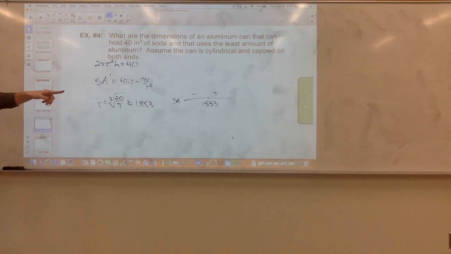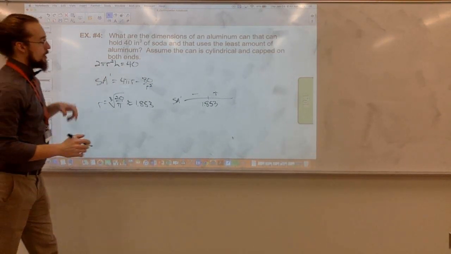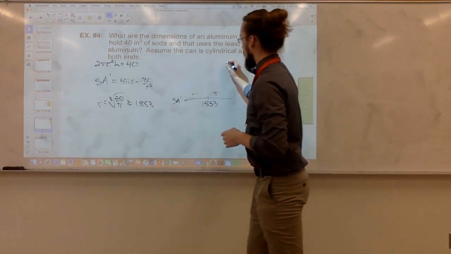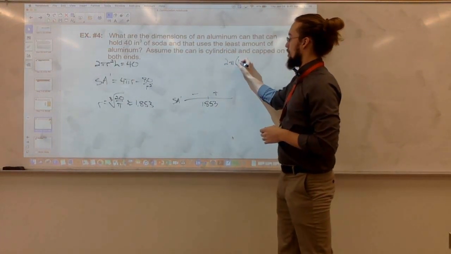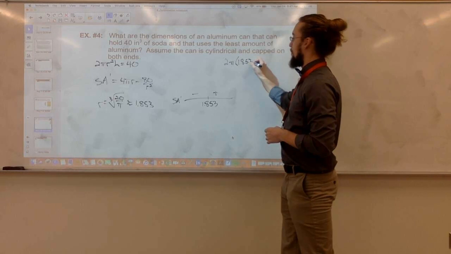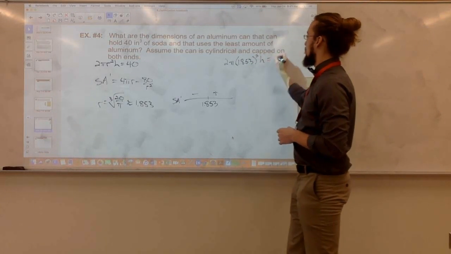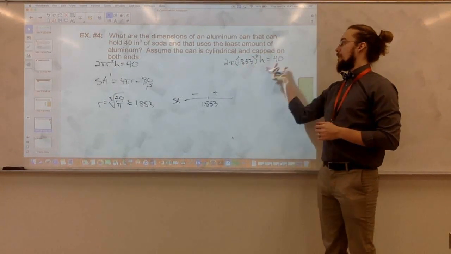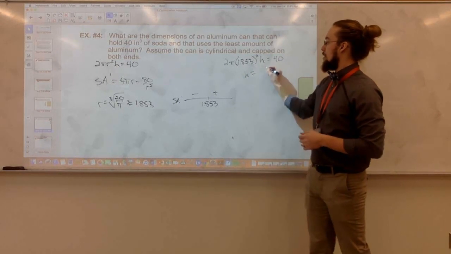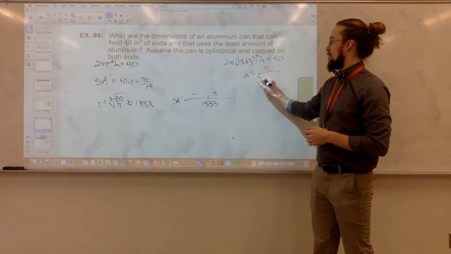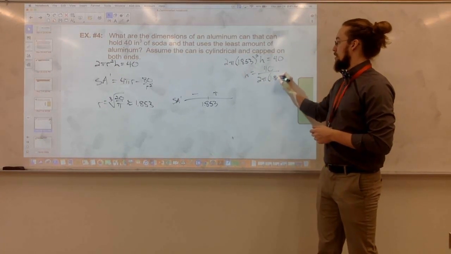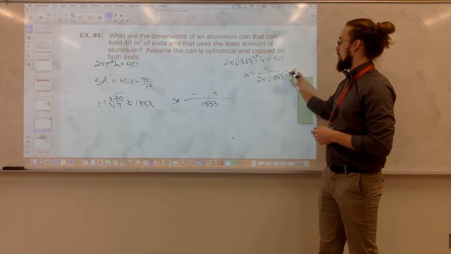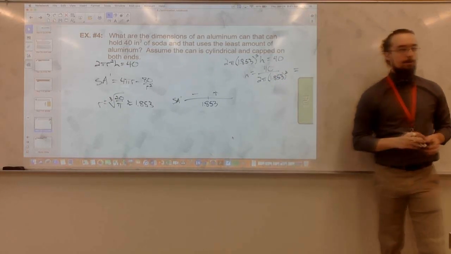So I'm going to take this 1.853 and plug it in for R to solve for H. So 2 times pi times 1.853 squared times H equals 40. Divide both sides by all of this squared. What do we get for that?